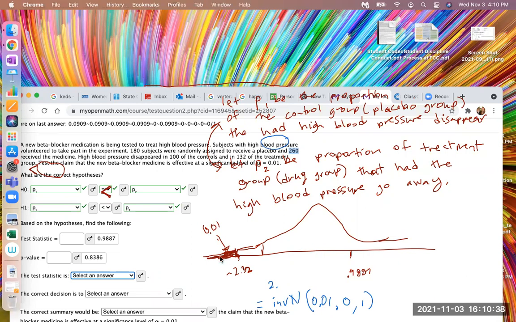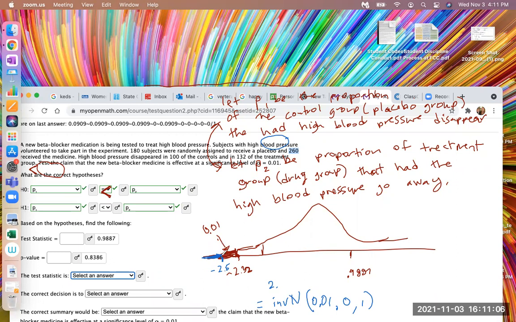Let's say that the test statistic was negative 2.5. Then the area under the curve to the left of negative 2.5 would be smaller than the area under the curve to the left of negative 2.32. And because that area is smaller, the p-value would be smaller than alpha.